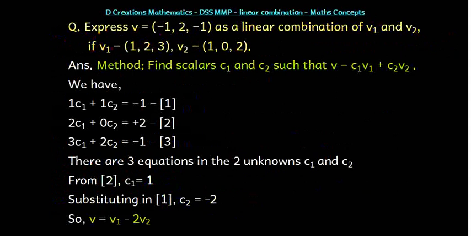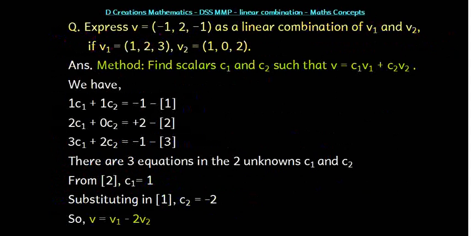Now when you are adding, you have to add the corresponding components. So c1 into the first component of v1, which is 1, plus c2 into the first component of v2, which is 1, gives you the first component of v, which is -1. So what is the equation? 1 into c1 plus 1 into c2 is equal to -1.